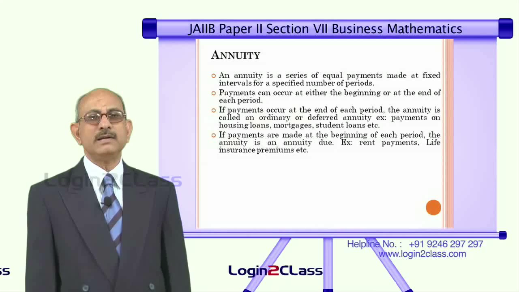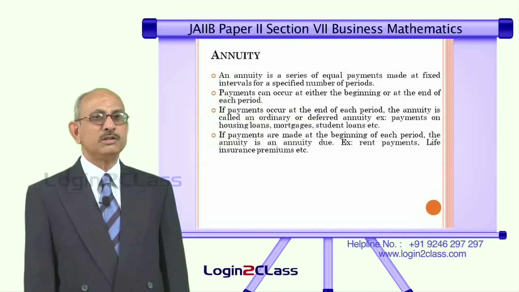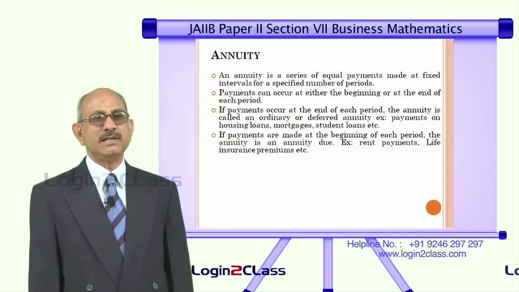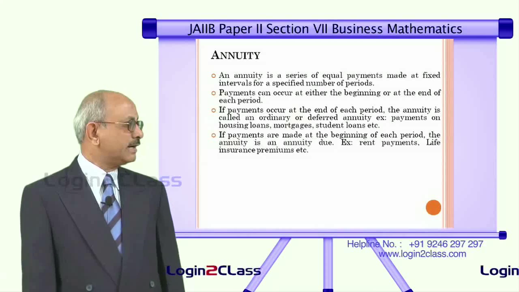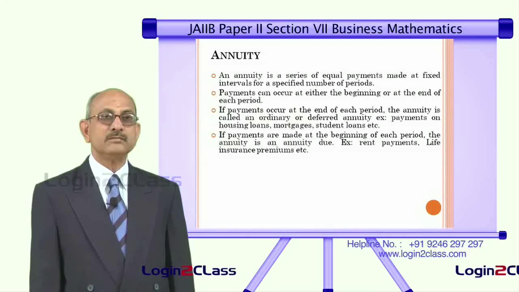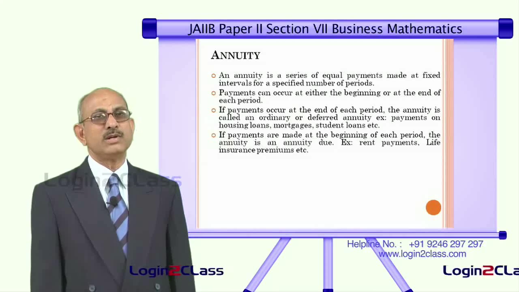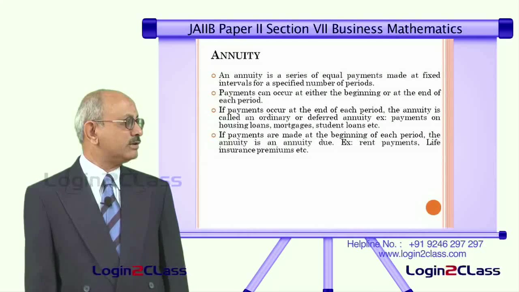Normally, rent is paid at the beginning of the month. Similarly, life insurance premium is paid at the beginning of the year. So, these are called annuity due. But if they are given at the end of the period, then they are known as ordinary annuity. So, annuity can be divided into two categories, annuity due and ordinary annuity.